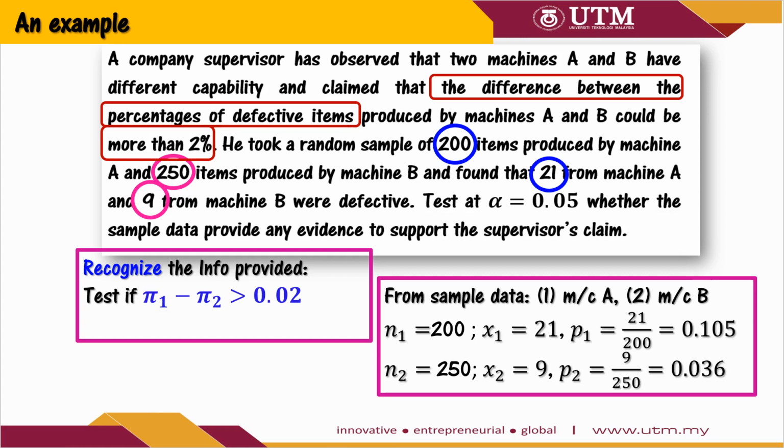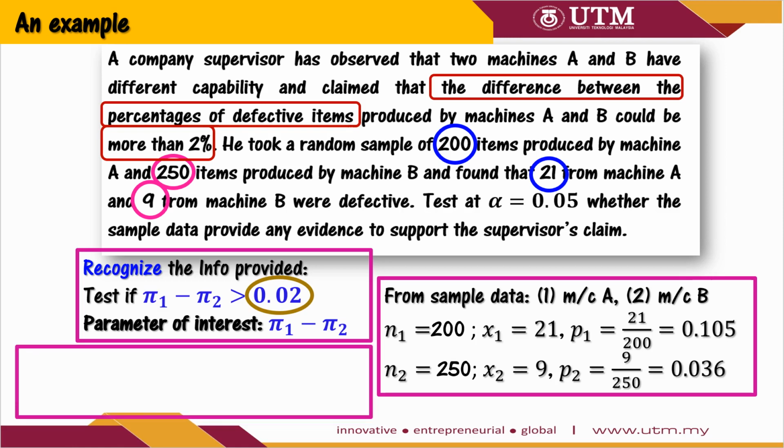Therefore, the parameter of interest in this question is clearly pi1 minus pi2. Furthermore, the difference in the two proportions that we want to test here has a value of 0.02 or 2%, which is apparently not zero.